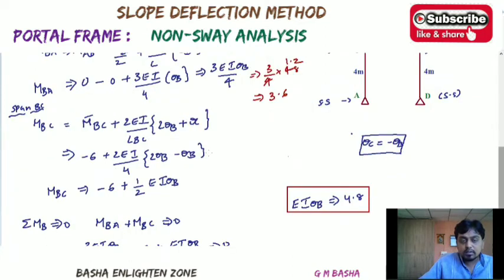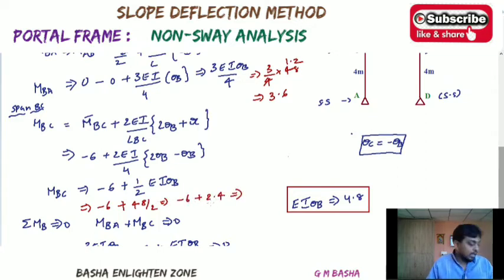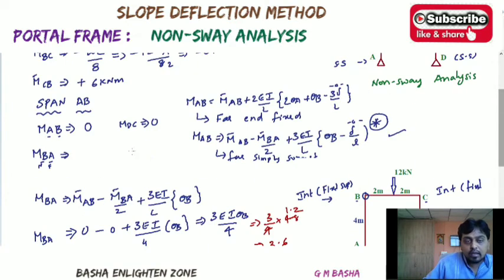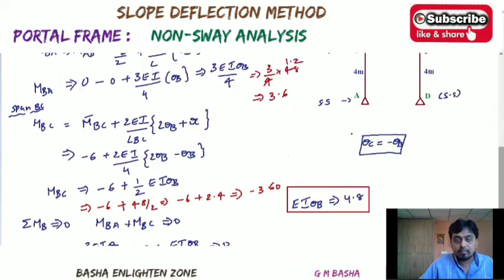And again simplify here, minus 6 plus 4.8 by 2. So it will be 2.4, minus 6 plus 2.4, which is minus 3.60. And another moment MAB will become 0 here because of the simply supported end.